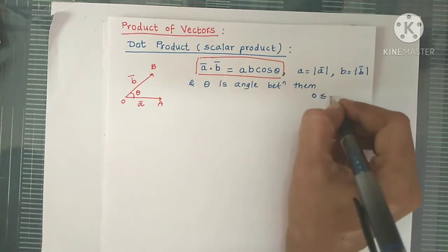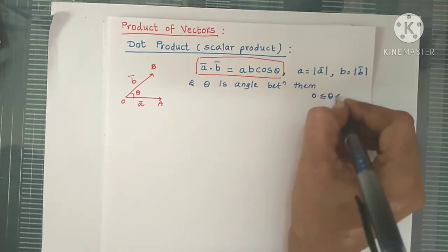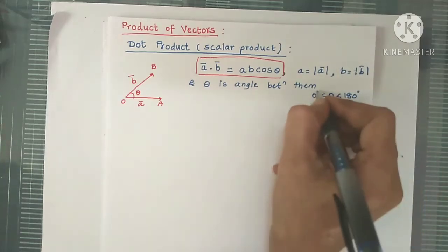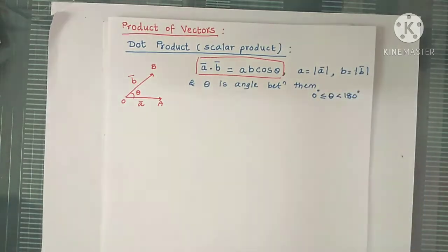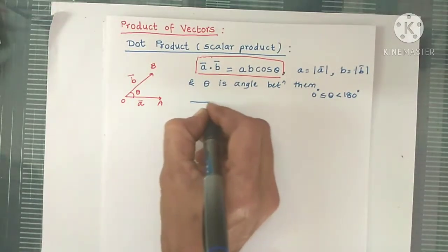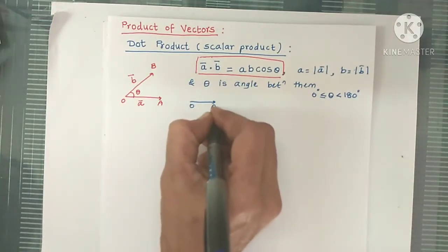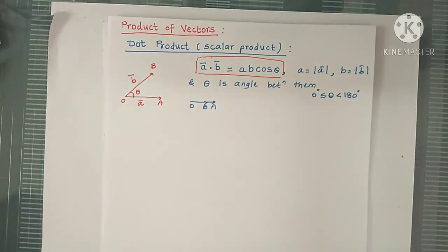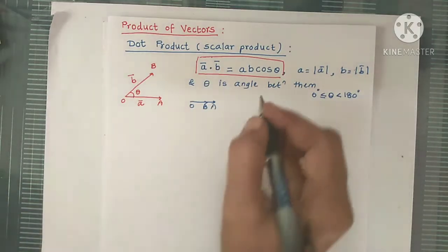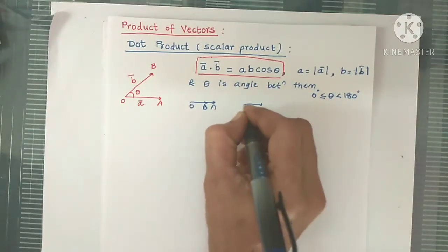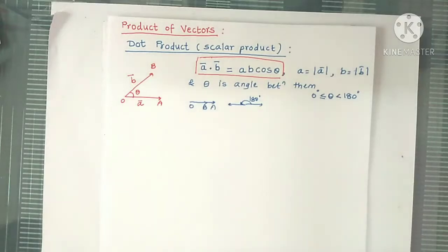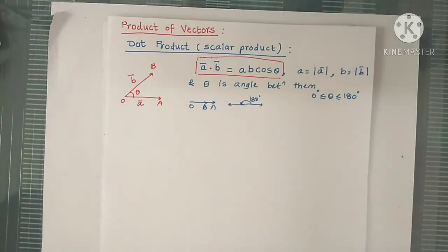So it may be 0 or at most it may be 180. So theta lies between 0 degrees and 180 degrees. See here, if both OA and OB lie along the same line, then the angle between them is 0 and the utmost angle between them is 180 degrees.